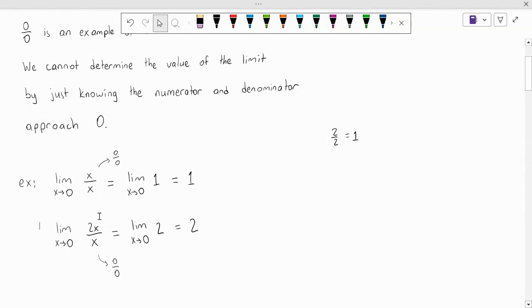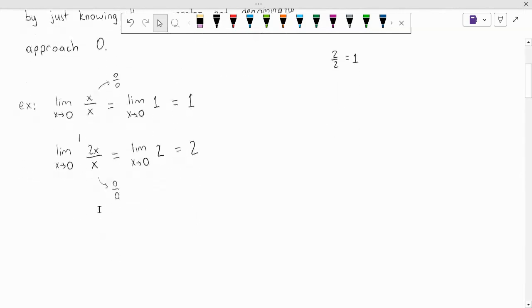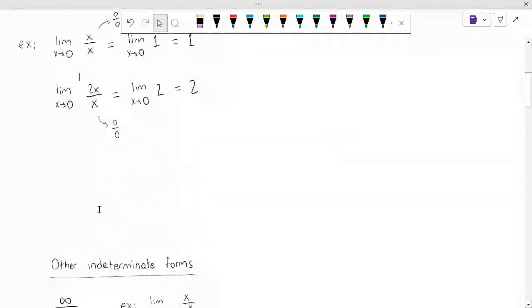It could be 1, it could be 2, it could be any other number. Okay. So that's why we call it an indeterminate form. You can't determine the answer just by knowing that it was a 0 over 0. So anytime you get 0 over 0 in a problem, you will need to do something clever, if you will, to figure out what the actual limit is.